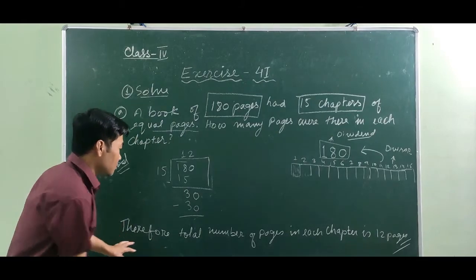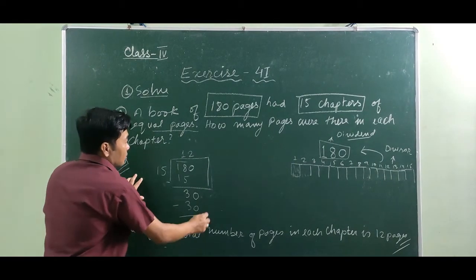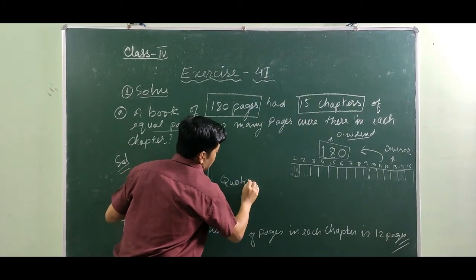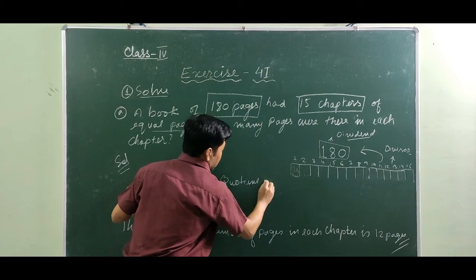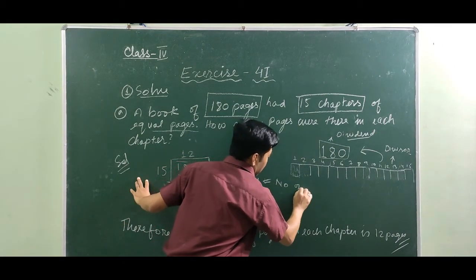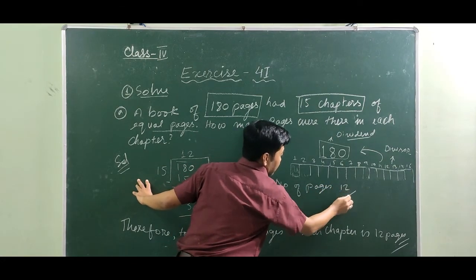Now, therefore, the total number of pages in each chapter is 12 pages. So, the quotient is the number of pages. 12.